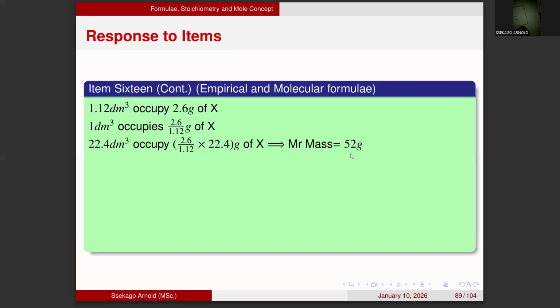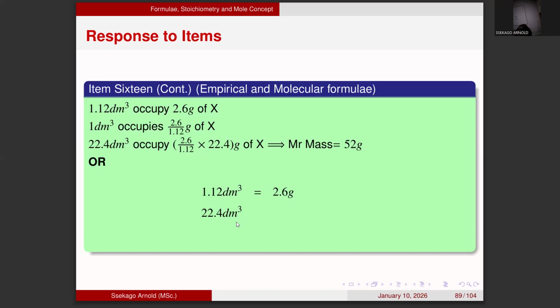Alternatively, another learner can decide to use another approach. That learner will say, I have 1.12 decimeters cubed equal to 2.6 grams. That is what the item specified. If this volume has this mass, then what of 22.4 decimeters cubed, the standard volume that represents 1 mole, which is the molecular mass?